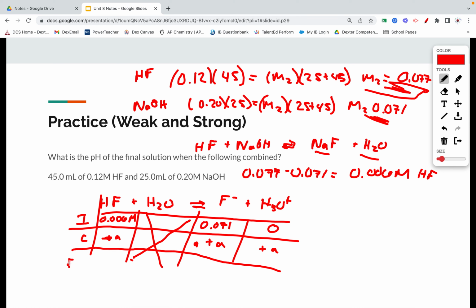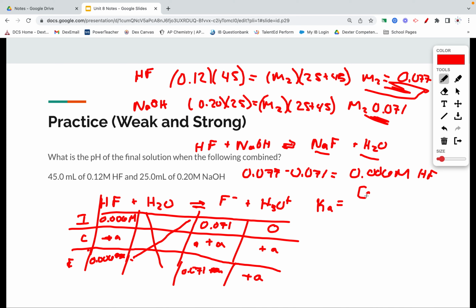And our equilibrium concentrations are going to be 0.071 plus A for the sodium fluoride, minus A for the reactants, and this is just going to be A. Well, our A is likely to be too small to matter, so we're going to take it off these two parts, and we're just going to put it into our equilibrium expression.